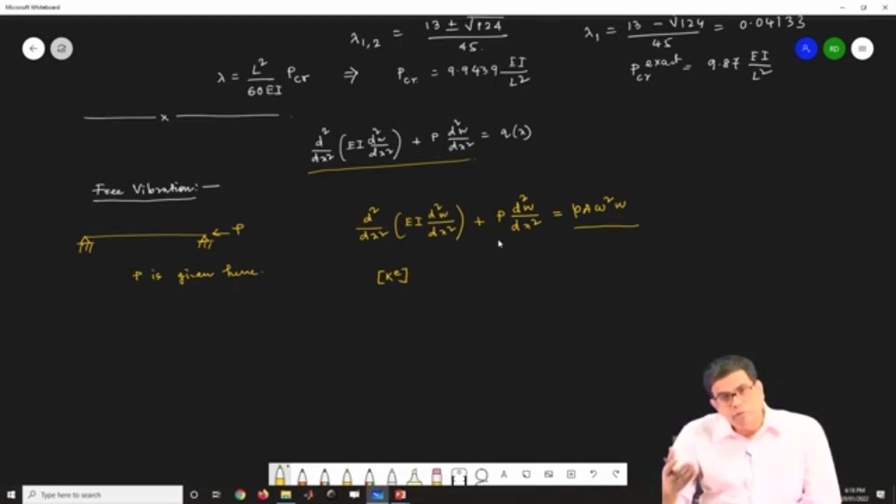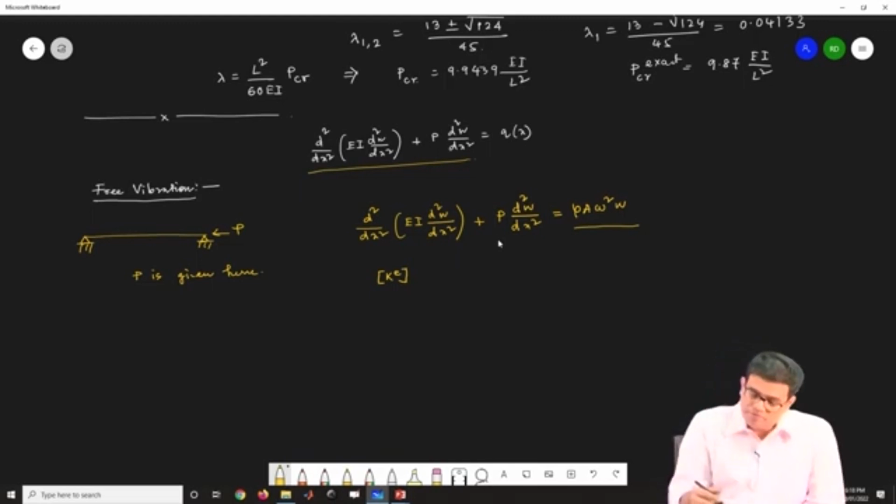Now we are doing it for the beam column problem, the vibration of the beam column. So Ke is the standard bending stiffness, and due to the axial force there will be a geometric stiffness, so naturally minus P into Kg, and then due to inertia there will be a mass matrix term.